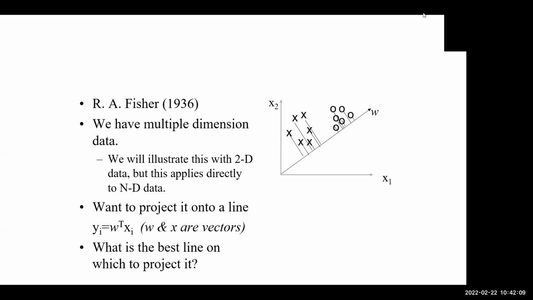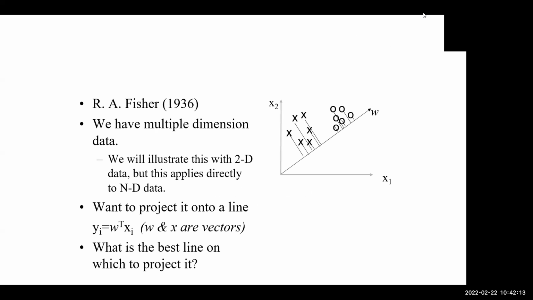From an advanced image processing class I sometimes teach, here are some examples, though things might be a little bit out of order here. What Fischer was talking about is if we have data, those X's and O's, and we have feature 1 and feature 2.